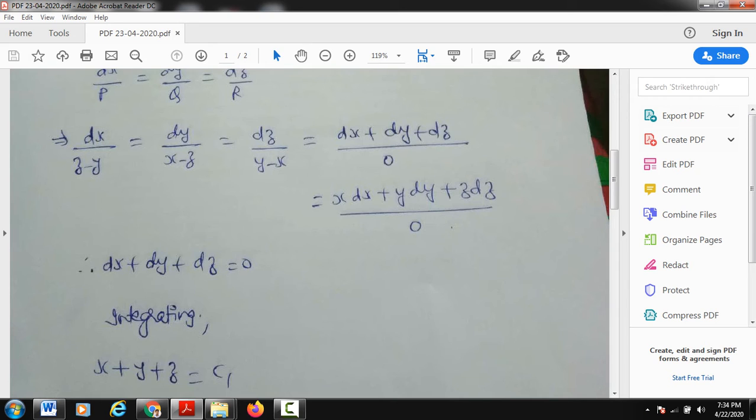If I take first and second member, then there is the involvement of an extra variable, that is z. If I take second and third, there is the involvement of variable x, which is an extra one over here. And if I take the first and third member, then there is the involvement of the y variable, which is playing the extra role over here.